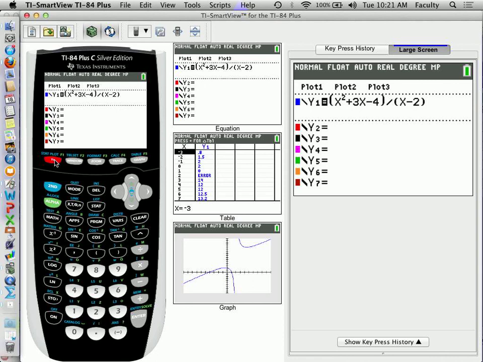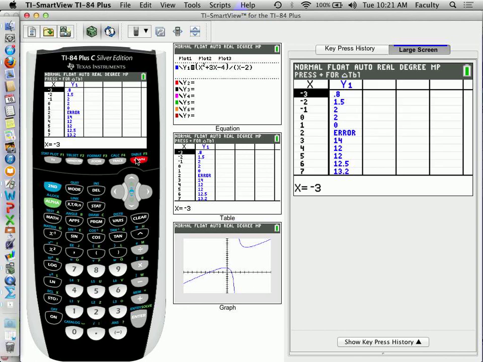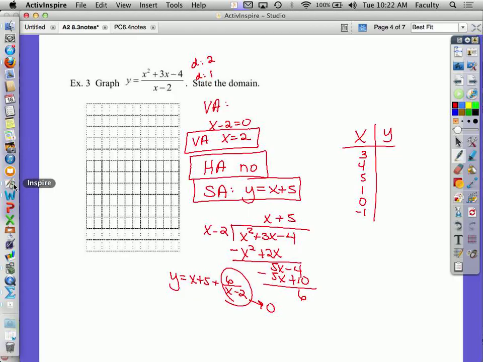Then, to get the table, you just do second trace, and that's where the table is. And you scan up and down. Notice that x is 2, it's giving us an error, which it should, because you can't divide by 0. That's a good thing. So then let's fill in our table. At 3, I see 14. At 4, I see 12. 5, I see 12. 0, 2, 2.